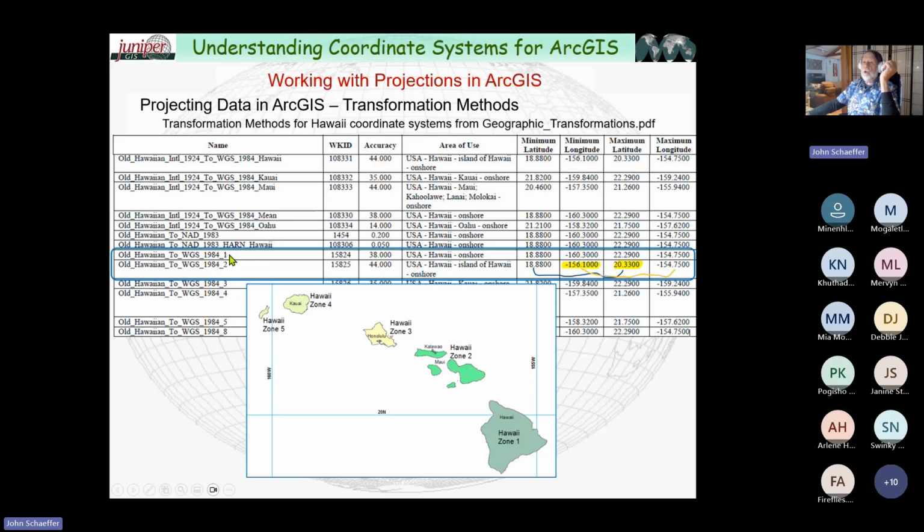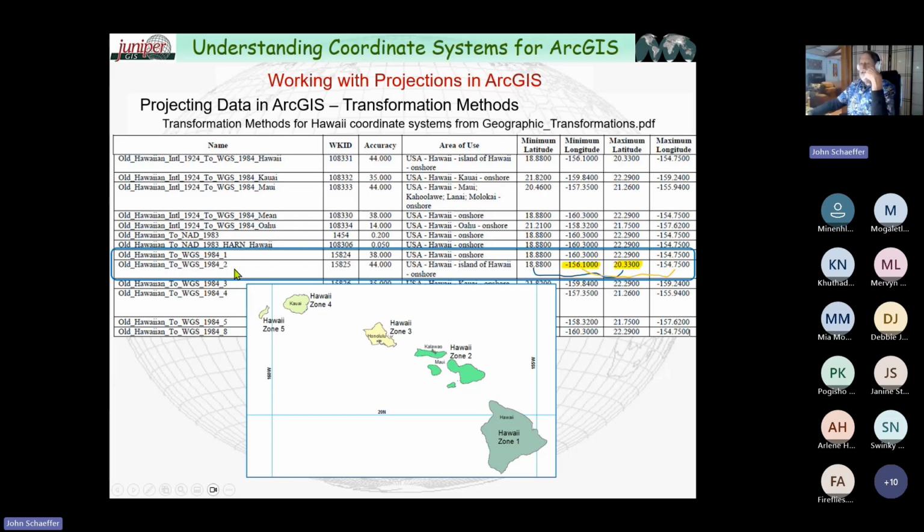And so the _1, _2 have no meaning. It's just that if there are 20 different variations, it'll be _1, _2, and so on. But what I'm looking for is the option with the smallest box. Ideally, you want a box that just covers your area of interest.